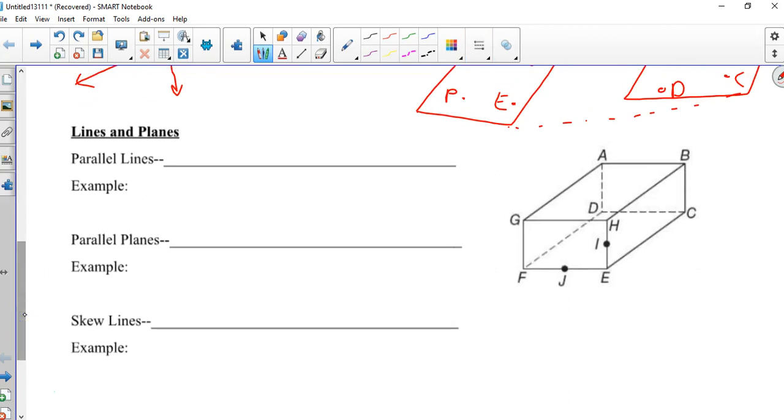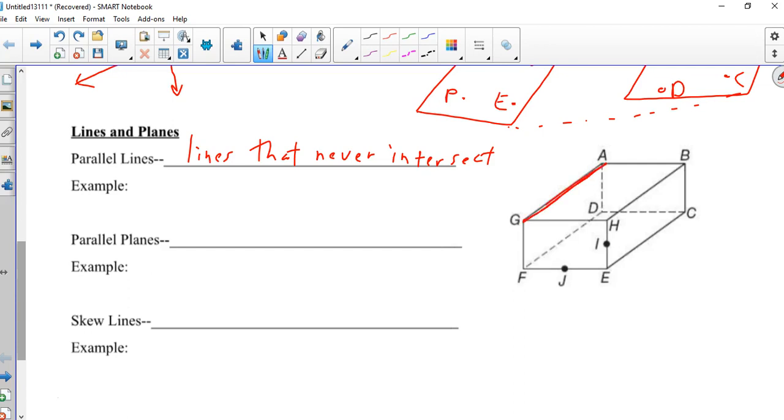Lines and planes. So, parallel lines are lines that never intersect. So, example, well actually what we have here are line segments because these are part of a box. But just pick a segment.